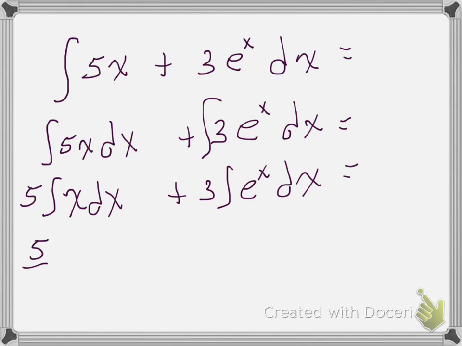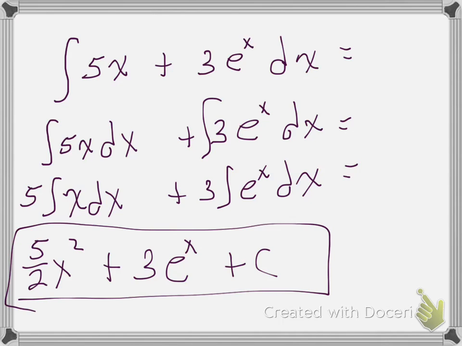And down here we get 5/2 x squared, and over here we get 3e to the x plus c. Right. Sometimes they're just easier to deal with if you can break them apart.